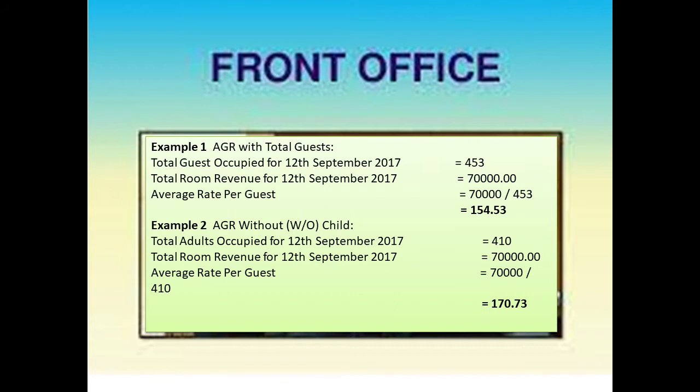For example number 2, AGR without child. Total adults occupied for the 12th of September 2017 is equal to 410. The total room revenue for the 12th of September 2017 is equal to 70,000. The average rate per guest is equal to 70,000 over 410. So therefore, it is equal to 170.73.